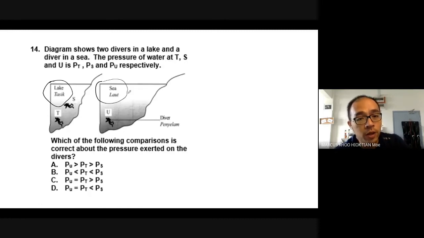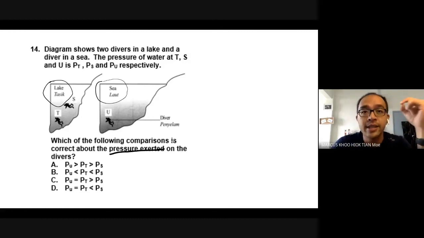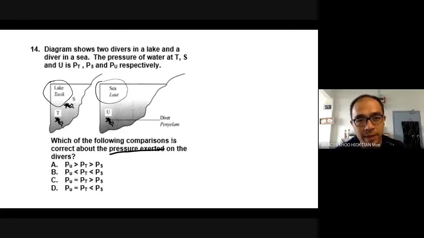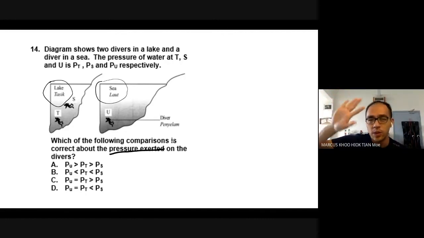Which of the following comparisons is correct about the pressure on the divers? This is a very good question. Think about the factors that affect liquid pressure. The first thing I want you to tell me is which answer is obviously wrong. Okay, which answer is obviously wrong? Anybody?